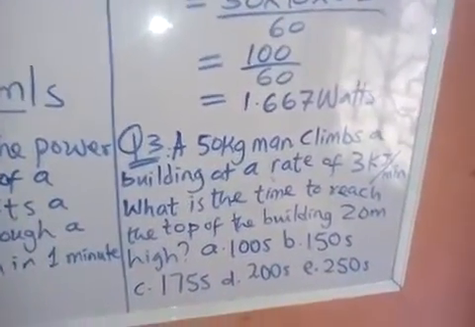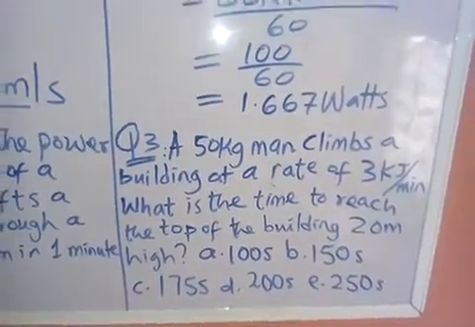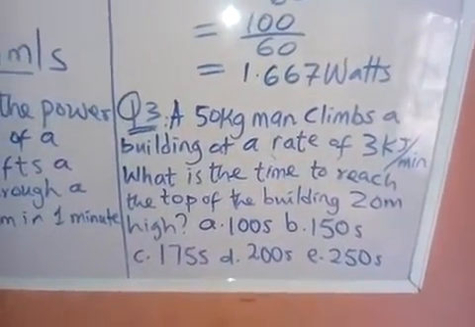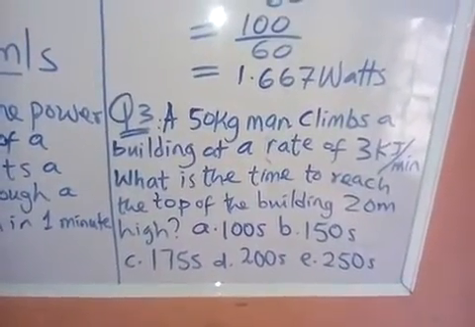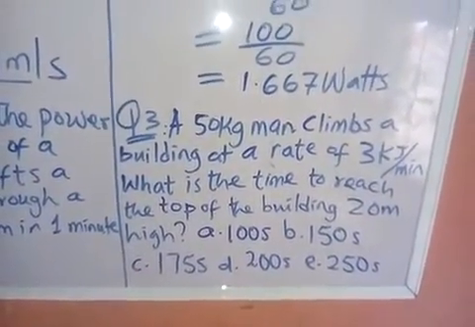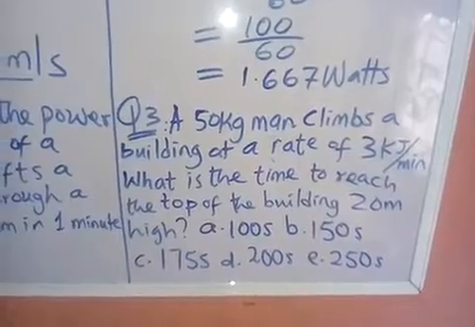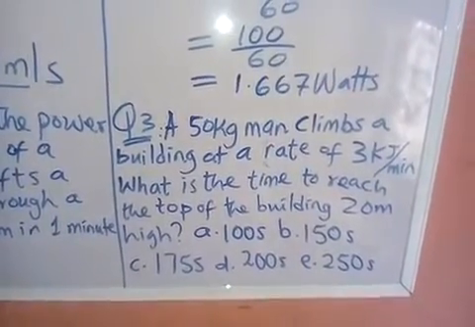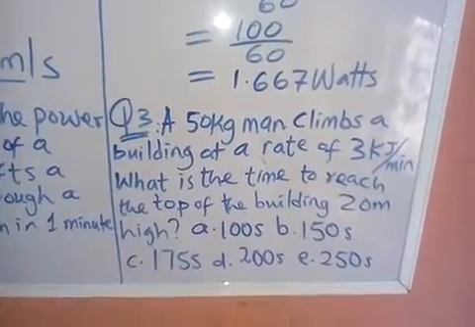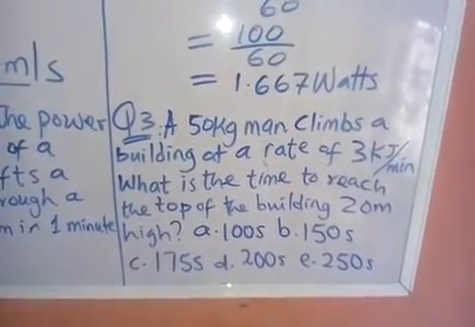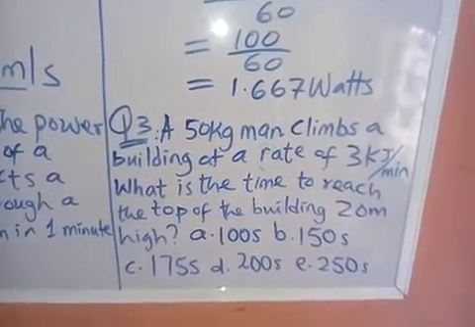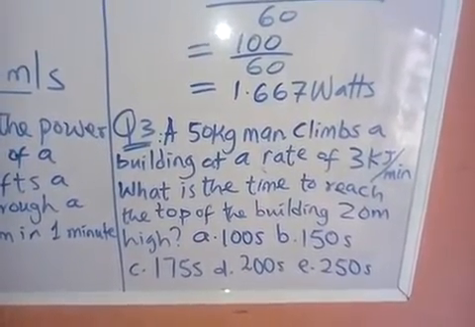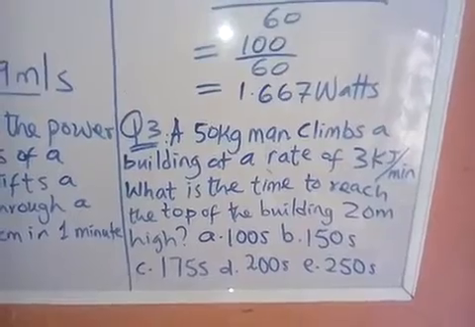So we have a question to be solved here. The third question will be the question that I would like the whole class to attempt. I'm giving you the options there. A is 100 seconds, B is 150 seconds, C is 175 seconds, D is 200 seconds, and E is 250 seconds. What is the question? A 50 kg man climbs a building at a rate of 3 kJ per minute.